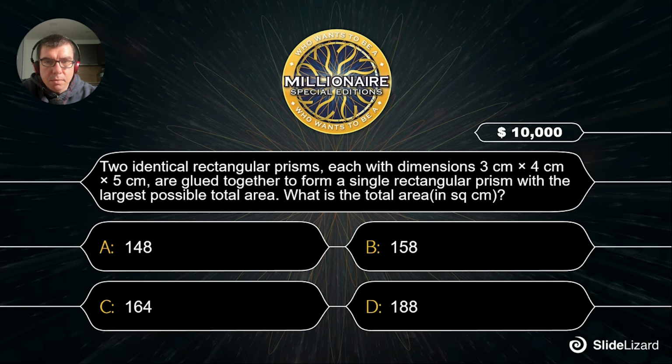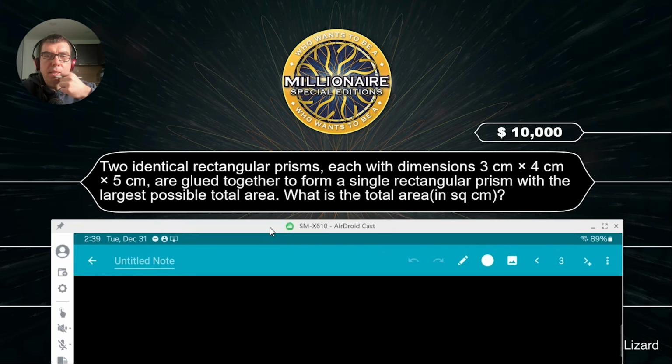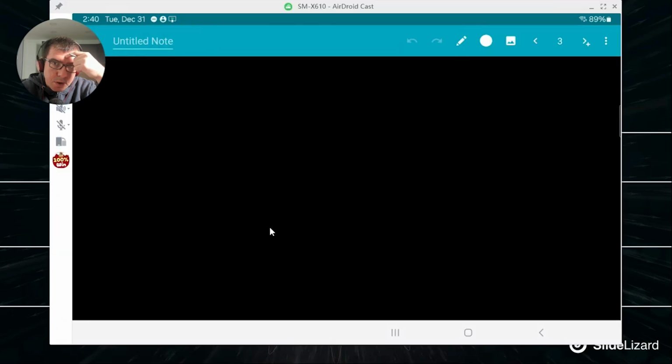Okay, well, this problem is more involving, so let's just calculate. So we have two identical prisms 3 by 4 by 5 that are glued together to form a single prism with the largest possible total area. So okay, how do we glue them together?